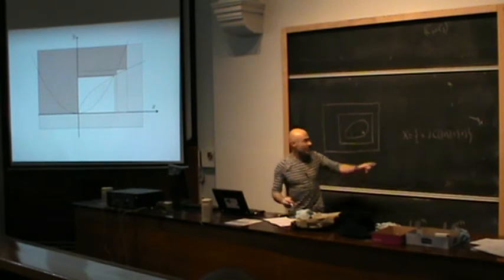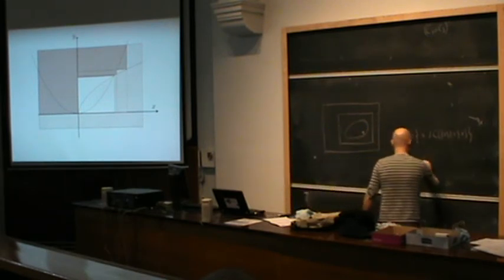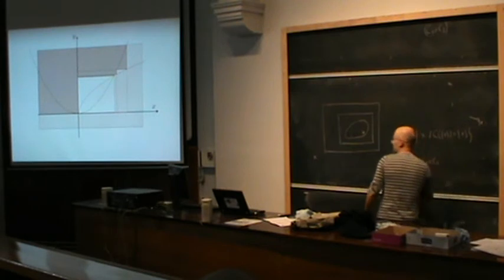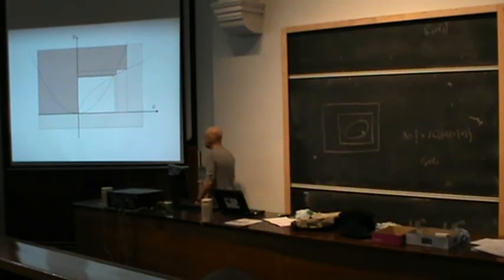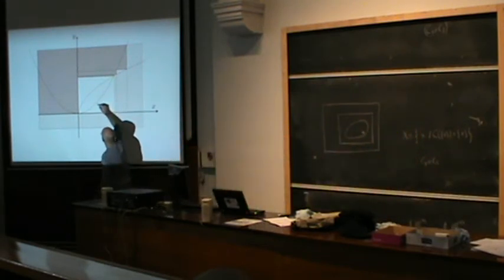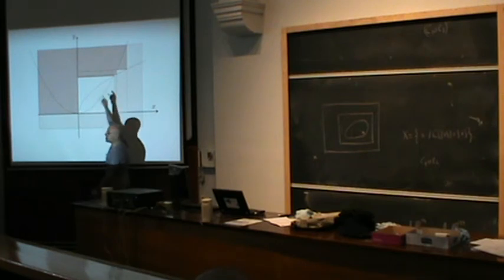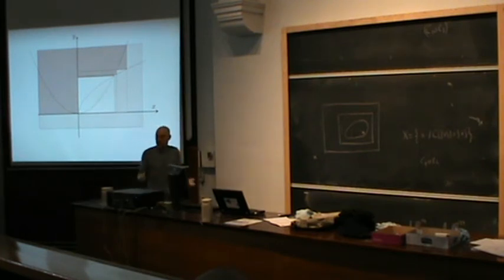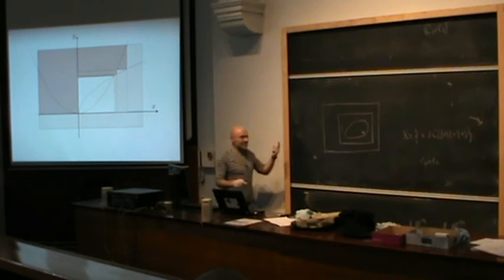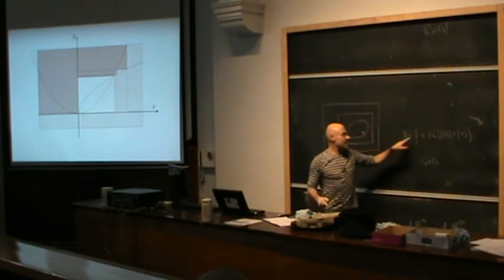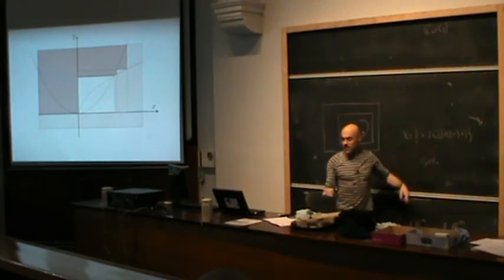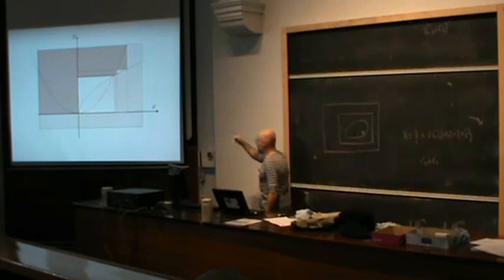Here for C1 or C2, if I take any point here, here, or here, it will be contracted to the empty set. If I take this one or this one, they will not be contracted. So it means that the set associated with the contractor C1 or C2 is made with 2 points.